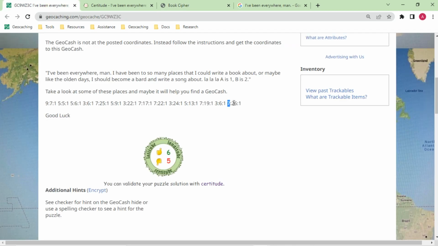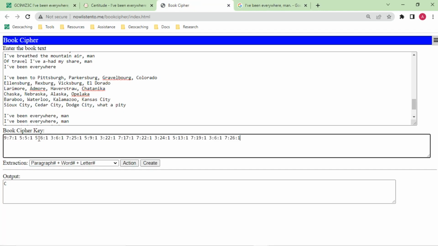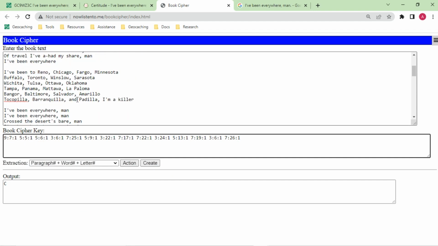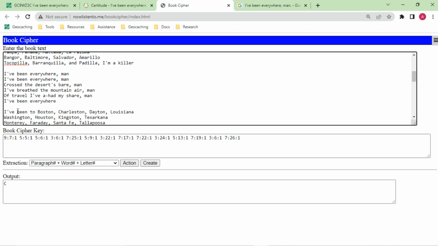So going back, putting the next ones in again, and calculating 5, 5, 1. So 1, 2, 3, 4, 5. 1, 2, 3, 4, 5.